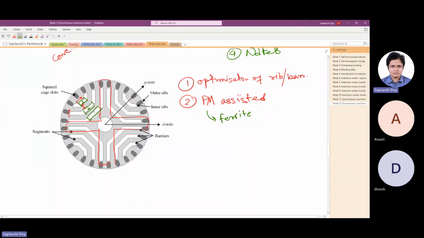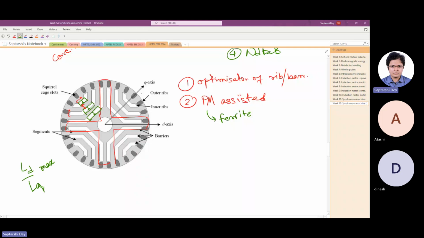The objective is simple. I want Ld by Lq to be maximum, so as to have the maximum amount of torque out of the machine. Even if along the Q axis you have several flux barriers, flux can still flow, right? It will just see a larger reluctance. I will try to minimize the Q axis inductance as much as possible.